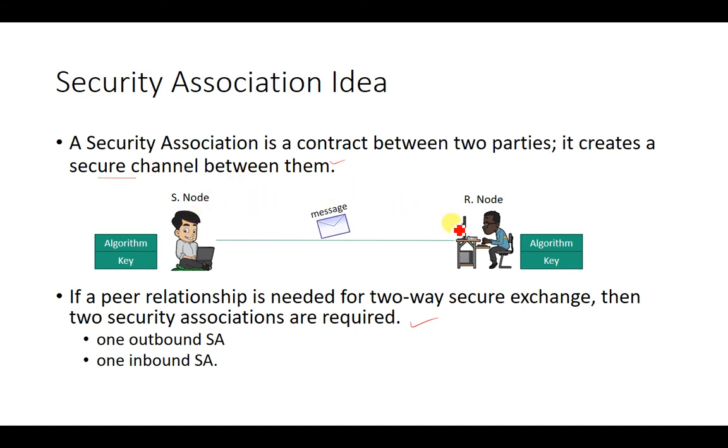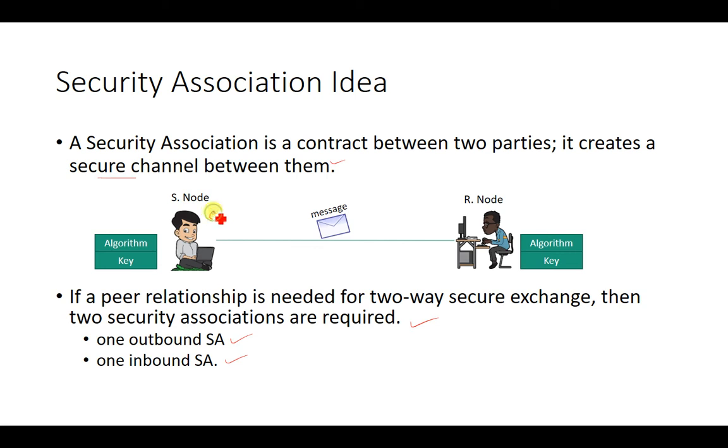That one security association needs only a key, but whenever you want to make a peer relationship, a two-way security association, then you need two security associations. They are called one outbound SA and one inbound SA.